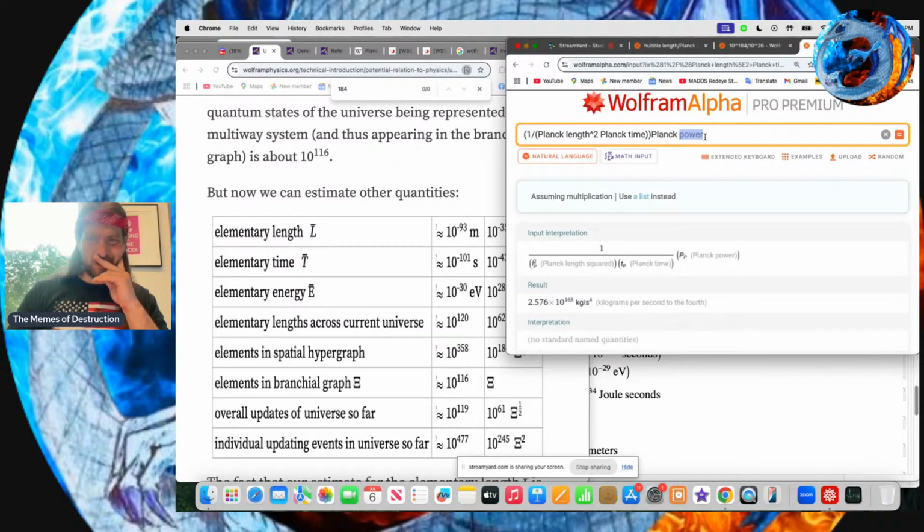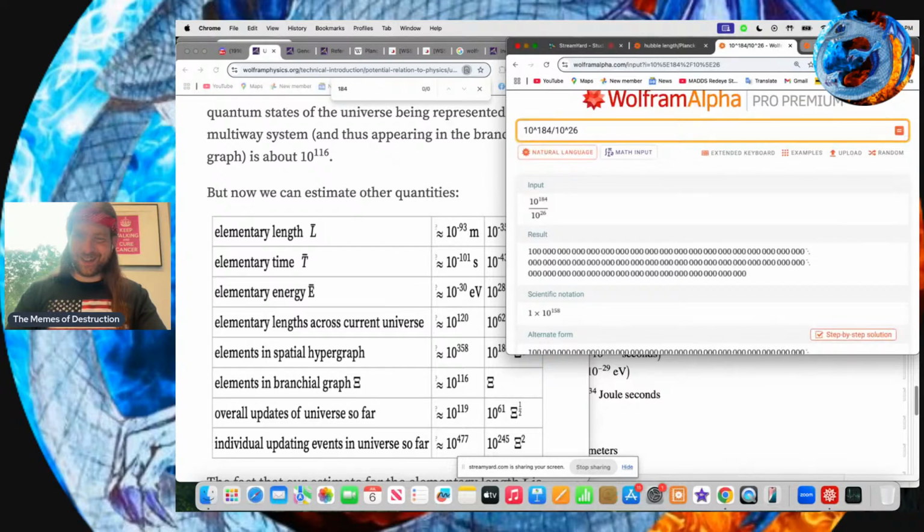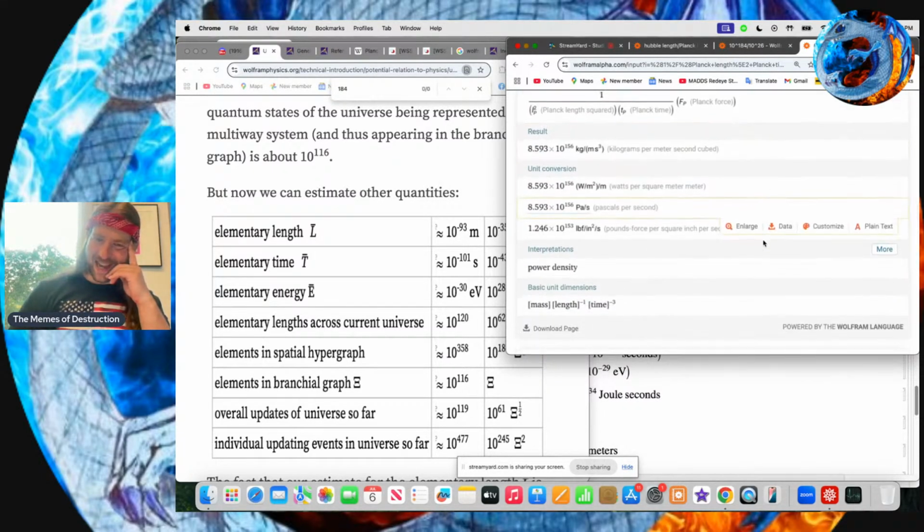Because if we do... Is it force? No way. Okay, that's 158. That's 150. What the heck is this? Power density. The number of elements.